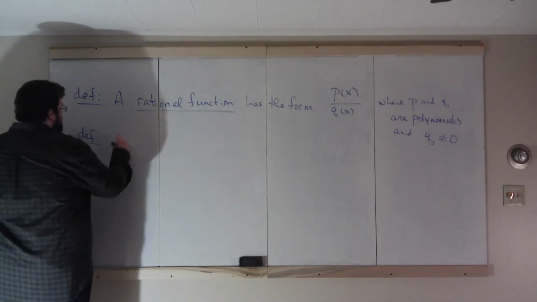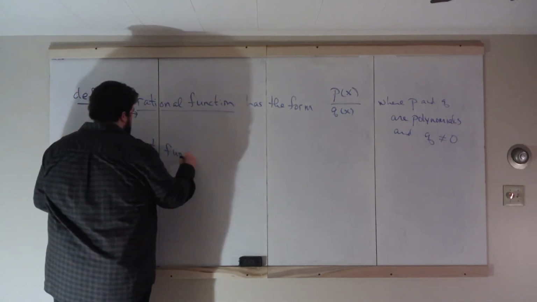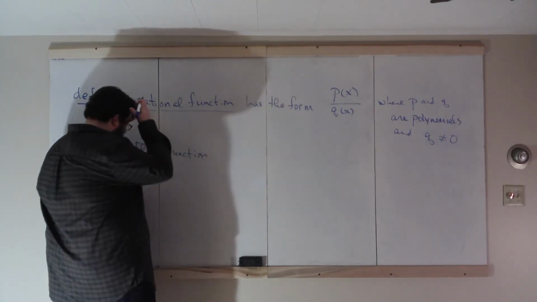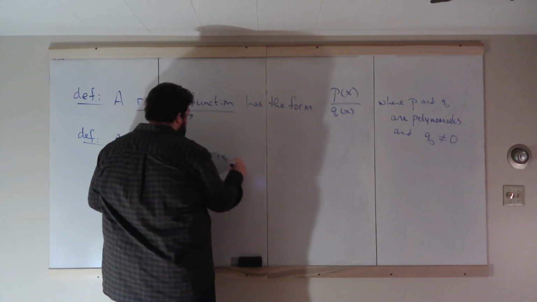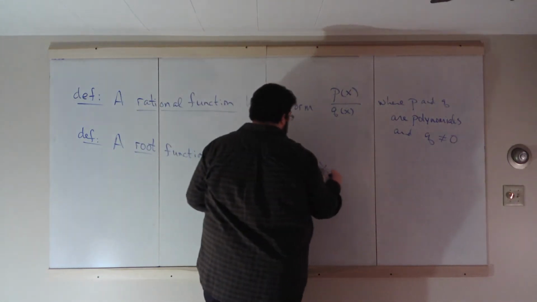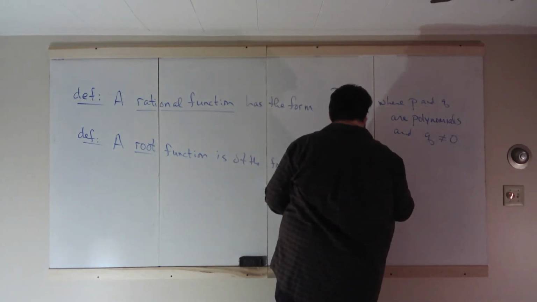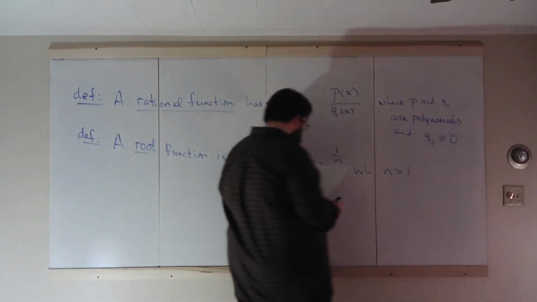Definition. A root function is of the form x to the 1 over n, where n is an integer greater than 1.